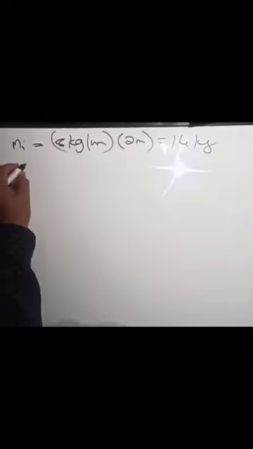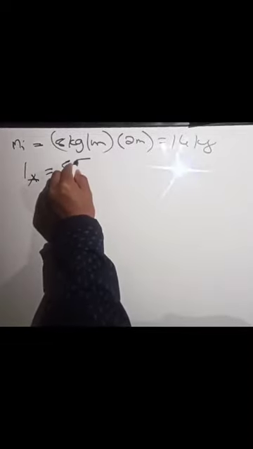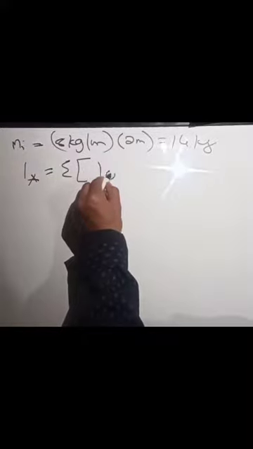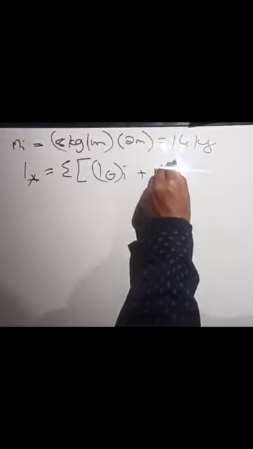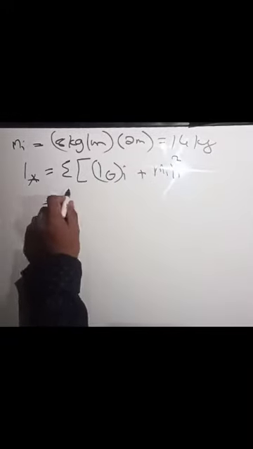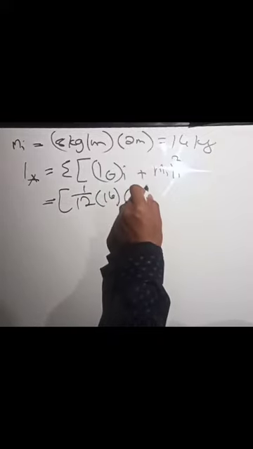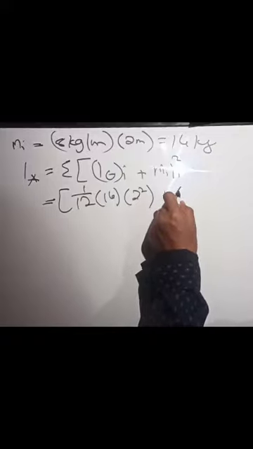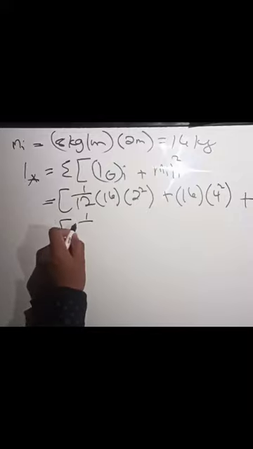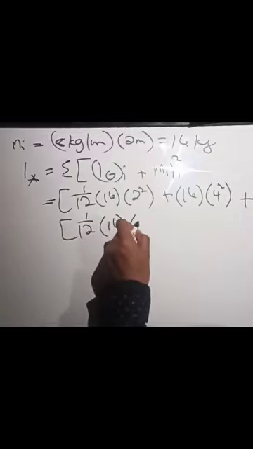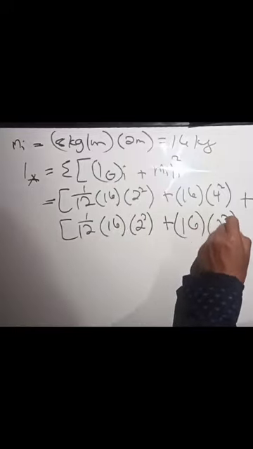So getting the inertia of A is equal to summation IG plus m d squared is equal to 1 over 12 times 16 times 2 squared plus 16 times 4 squared plus 1 over 12 times 16 times 2 squared plus 16 times 2 squared.